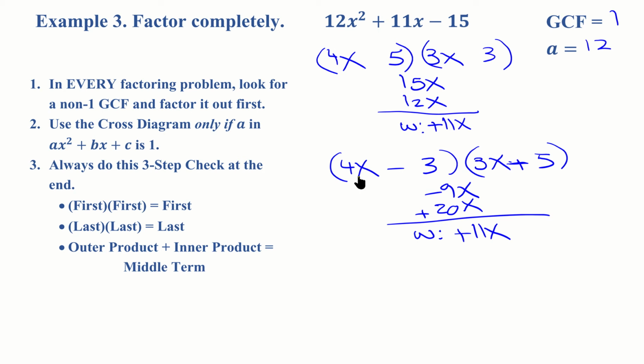So we want first times first to be first, and it is. Last times last to give us last. Pay attention to the sign. See, -3 times +5 is indeed -15. We want the inner product, which is -9x, and the outer product, which is +20x, to add up to the middle term, and it does.